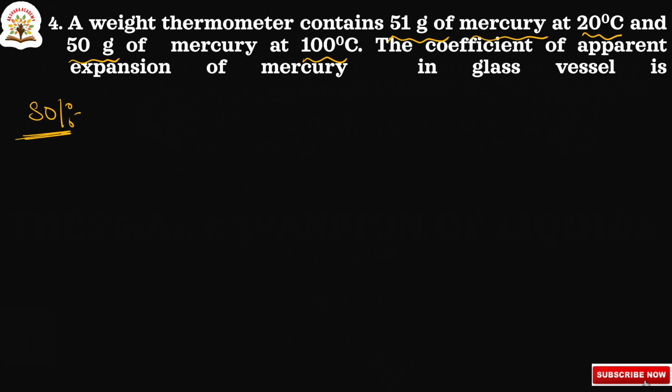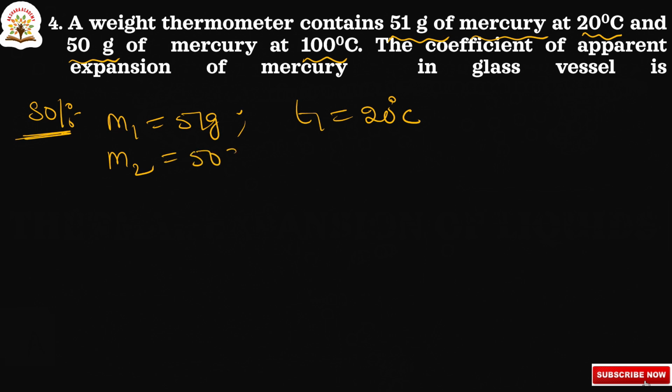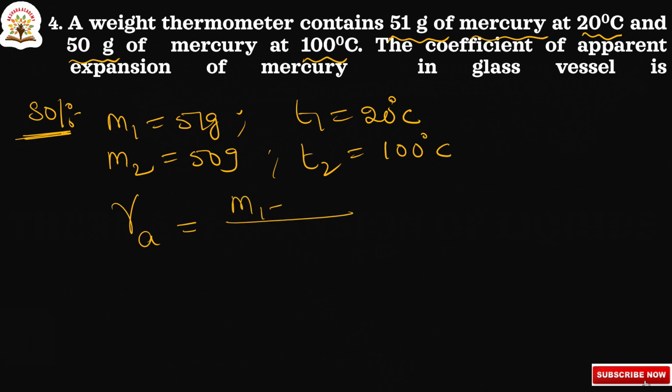Here they have given M1 is equal to 51 grams and T1 is equal to 20 degrees centigrade, M2 is equal to 50 grams and T2 is equal to 100 degree centigrade. We have to calculate the apparent expansion of mercury. Gamma A is equal to M1 minus M2 by M2 of T2 minus T1.